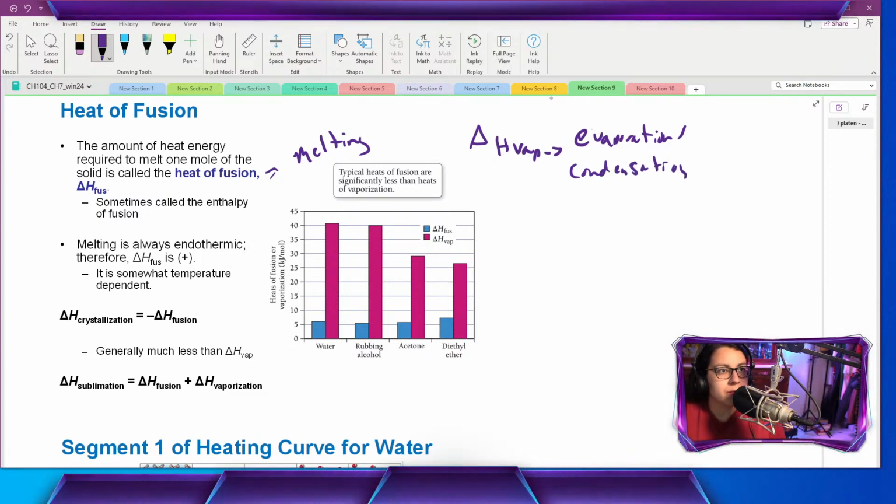Notice that the heats of vaporization are all larger than their heats of fusion, and that makes sense, right? Going from solid to liquid, you need only so much energy, versus liquid to gas, which is a much larger energy need to get it into that gas phase.